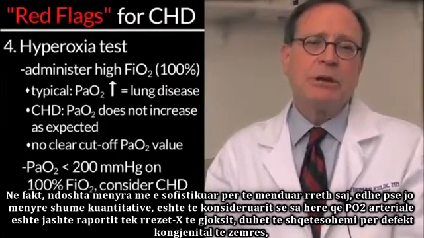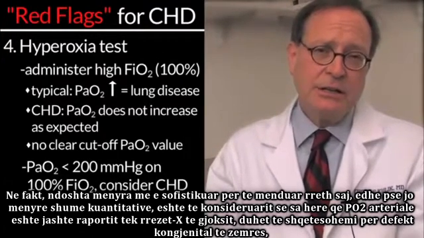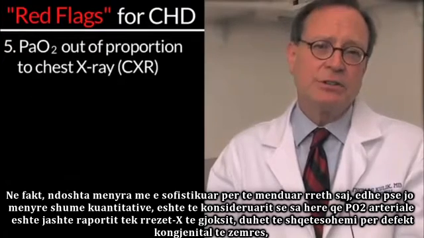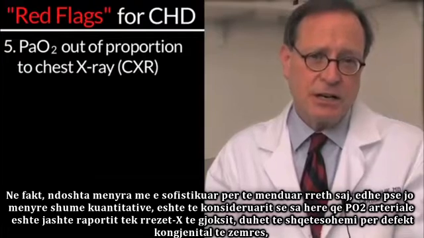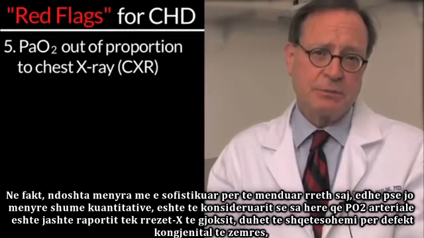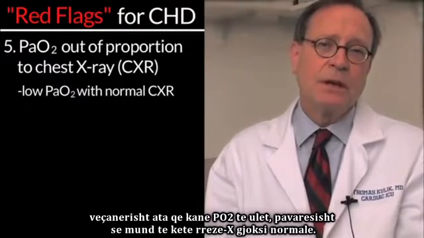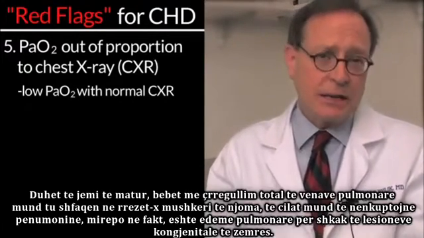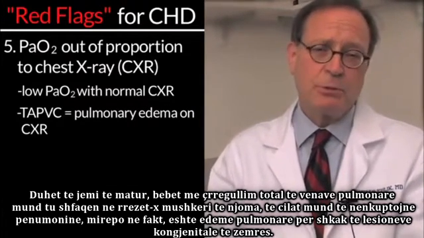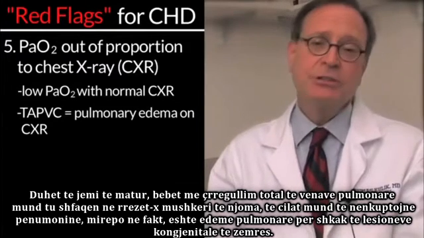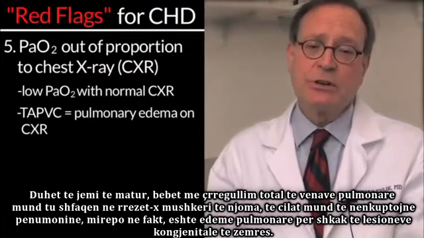And in fact, probably a more sophisticated way to think about this, although a non-quantitative way, is to consider that whenever the arterial PO2 is out of proportion to the chest X-ray, one is concerned about congenital heart defects, in particular relatively low PO2s despite a normal chest X-ray. Again, one has to be cautious. Babies with obstructed total anomalous pulmonary venous connection can have very wet appearing chest X-ray, which might imply pneumonia, but in fact is pulmonary edema due to their congenital heart lesion.